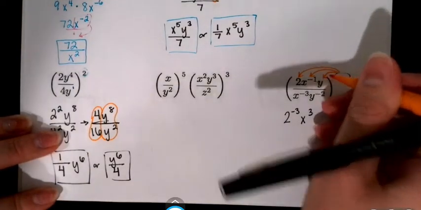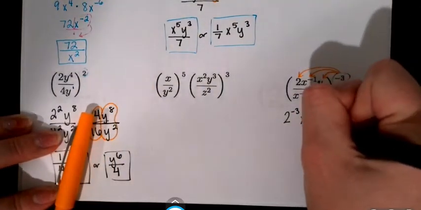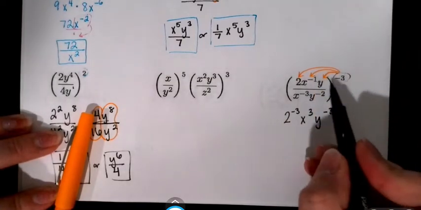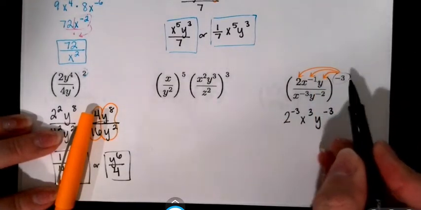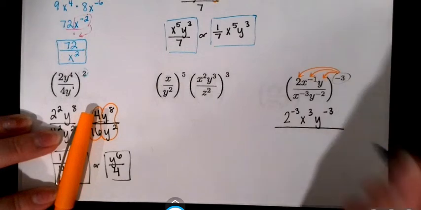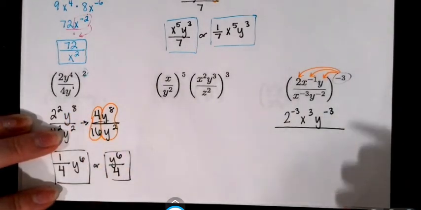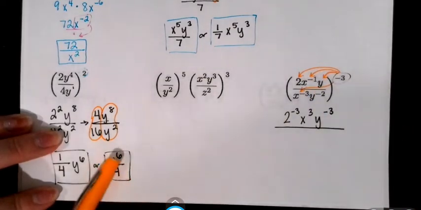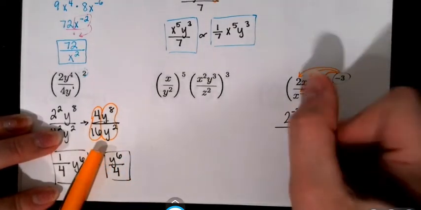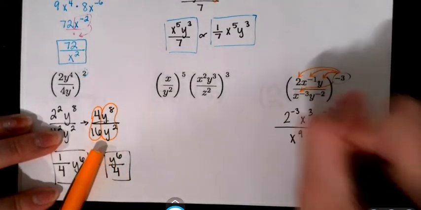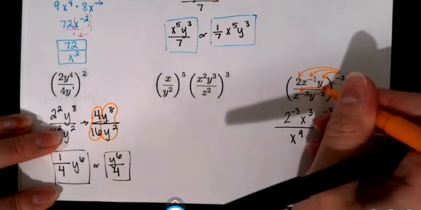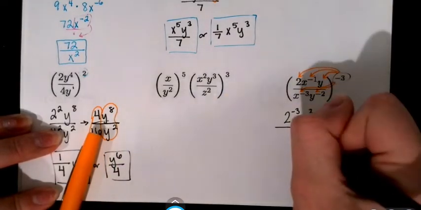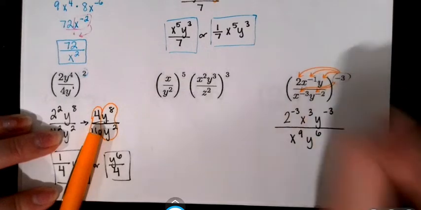Then that exponent has power over the y in the numerator, so that would be y to the -3 because it's a +1 that's invisible times -3. Then for my denominator, my exponent has power over my x, so again I'm multiplying those exponents. I'm going to get x to the 9th. And then it also has power over the y, so I multiply those exponents and I get y to the +6th.